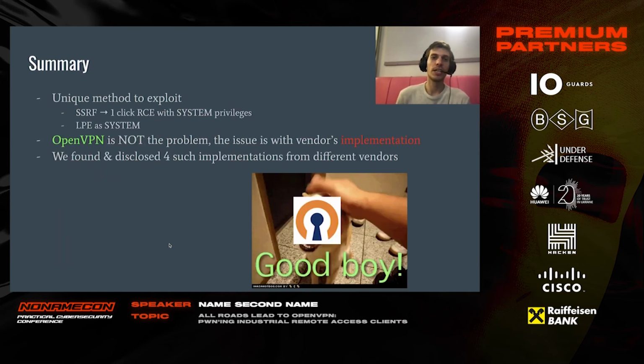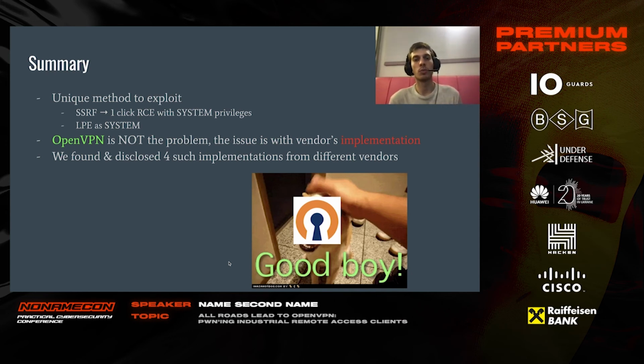So just to conclude here, the problem is not with OpenVPN. OpenVPN is a good boy. VPN is not the problem here. The issue is with the vendors' implementations, because they have started a backend service which waits for commands. It does not properly verify or sanitize the input, and so we can control it in different ways, whether through injection, because the backend service was kind of loose and ignored different commands that it did not care about, or because we had a command injection, or because we exploited a memory corruption.